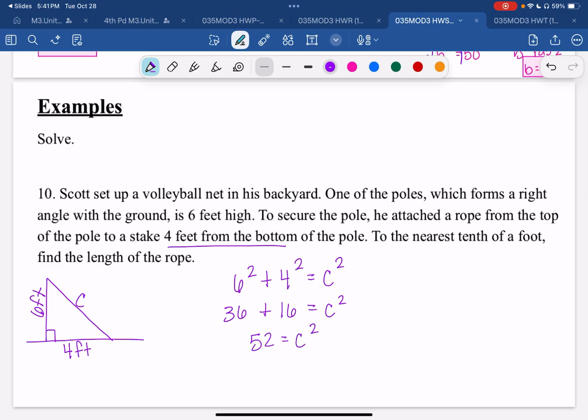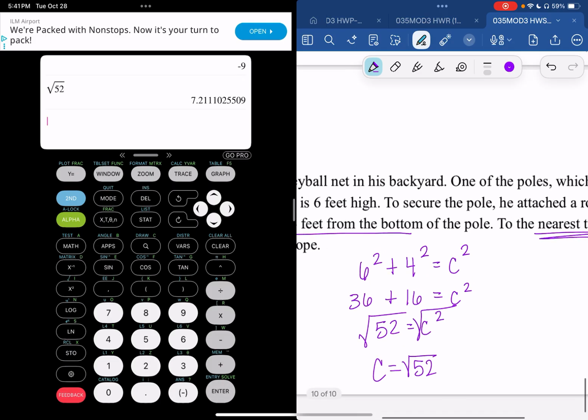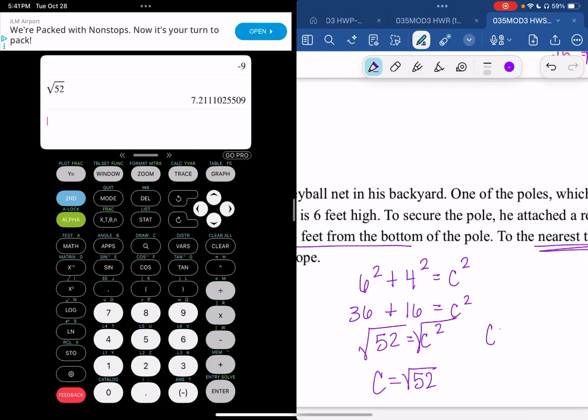I'll take the square root. So the square root of 52 equals C. And it wants us to round to the nearest tenth of a foot. So in our calculator, we would do second square root 52. And we're going to round that. So 7.2.